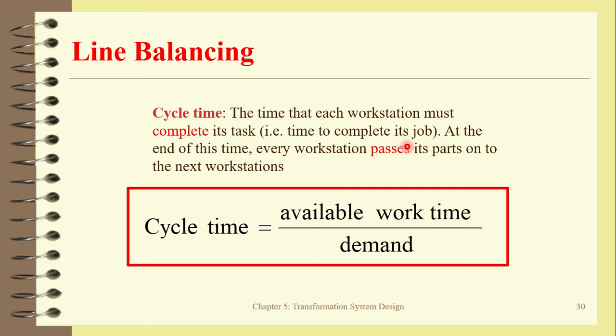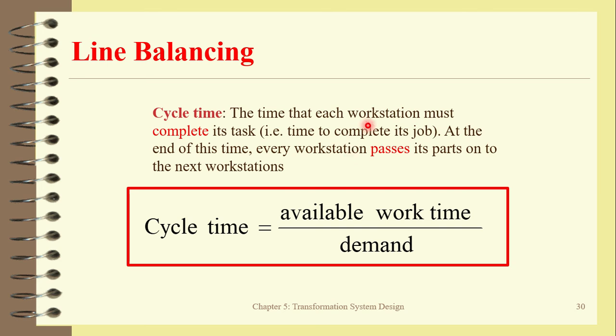At the end of this time, every workstation must pass on to the next workstation. It means that we have the cycle time to control the movement of the part. At the end of this time, the worker needs to send the part to the next worker.